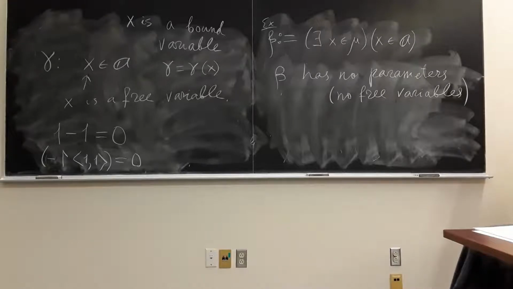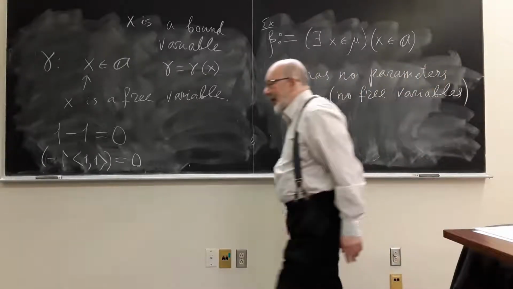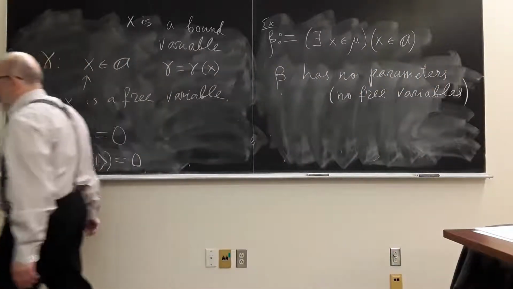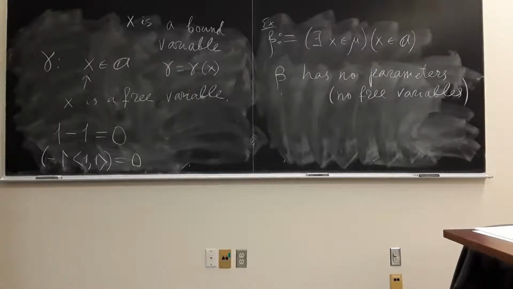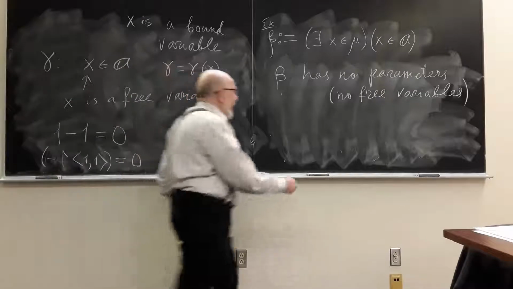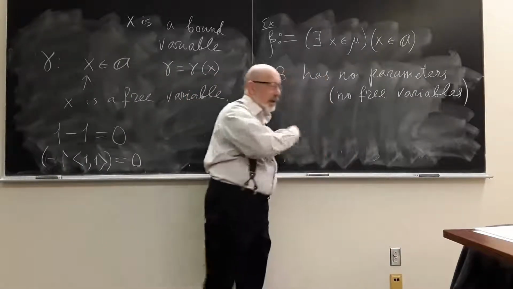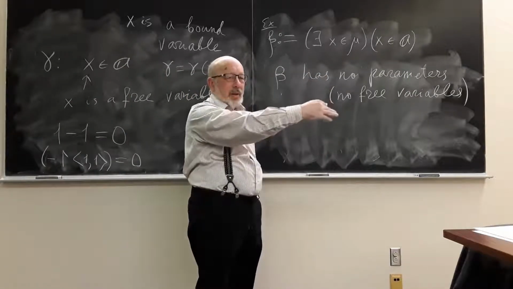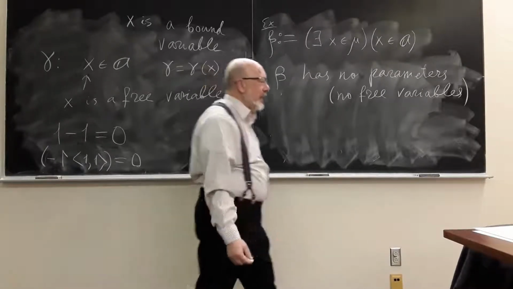So in this case, it is already bound. So if we have some variables which are not bound, which remain free, then we look at the whole formula.